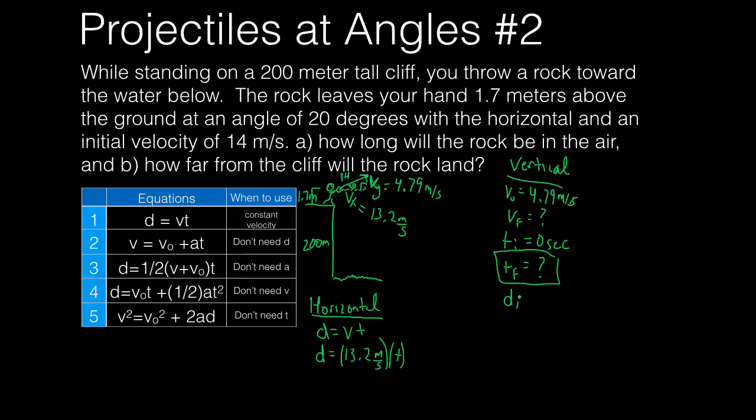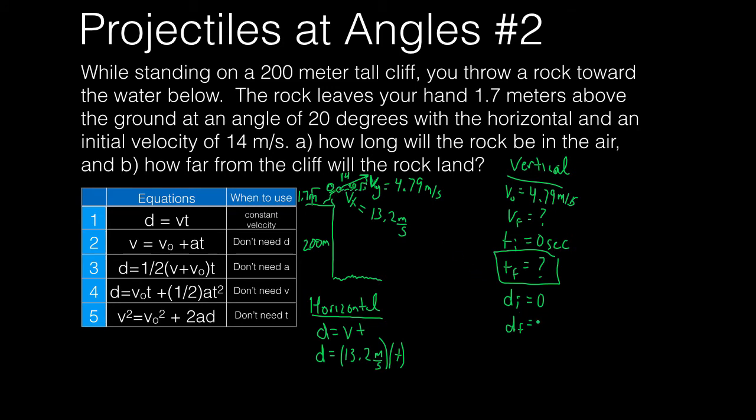Displacement initial is the point at which you release that rock, which is 0. So I'm going to call that 0 meters, and that will be right here where you release the rock. The displacement final is going to be where it hits the water eventually, and that's 200 meters from the cliff, but we also got to add in this 1.7 meters that takes into account how tall you were on top of the cliff.